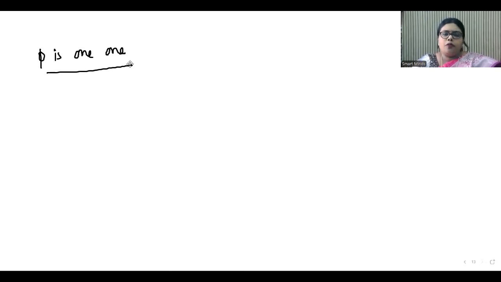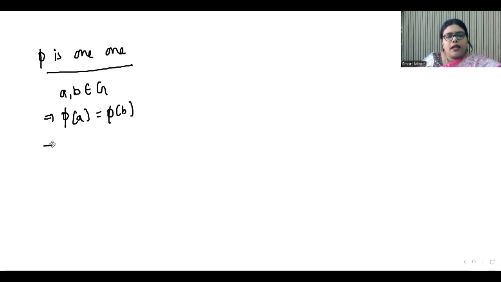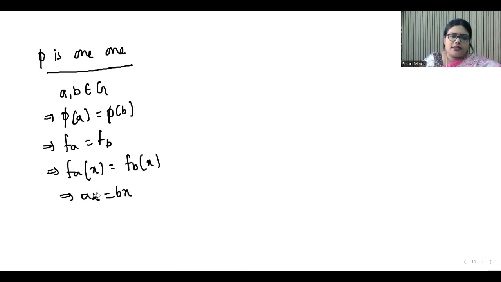These three things we should prove to show that phi is an isomorphism. So first let us take phi is 1-1. Now A, B belongs to G. That means phi of A is equal to phi of B. That means FA is equal to FB. That implies FA of X is equal to FB of X. That implies AX is equal to BX, which implies A is equal to B. Therefore, phi is 1-1.